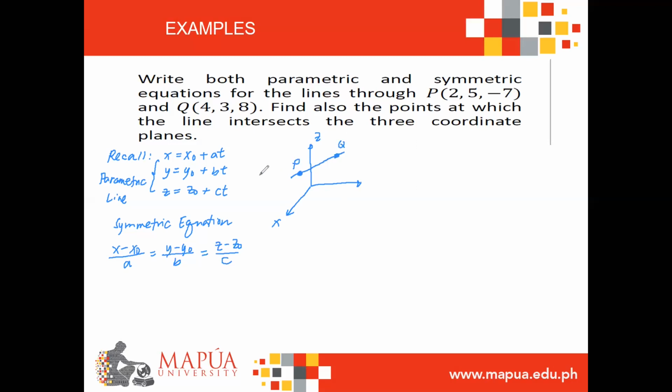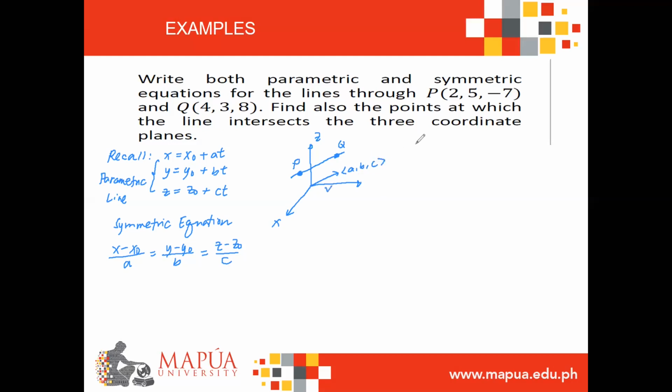To find the parametric equation of your line L, as well as the symmetric equation of your line L, let us find first the vector v, where we can define the components of your vector with coordinates a, b, c.